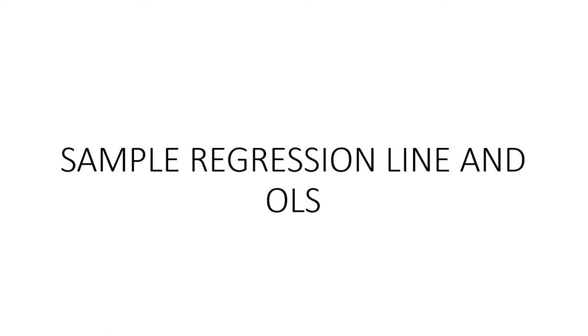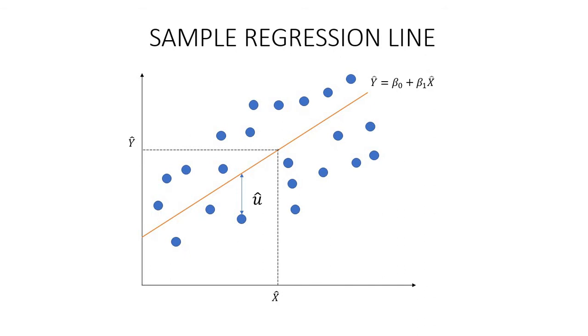Hello. Today we will proceed with discussing the sample regression line and using the ordinary least squares method for estimating the sample regression line. So just to remind you what it looks like, this is a sample regression line.